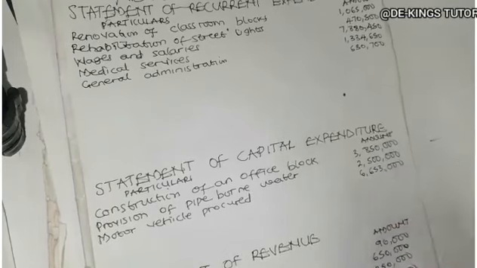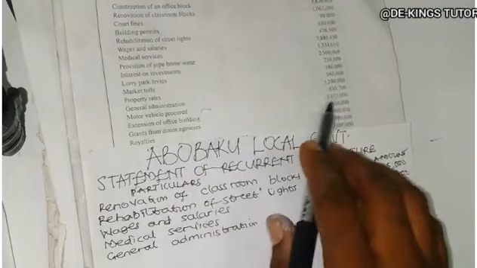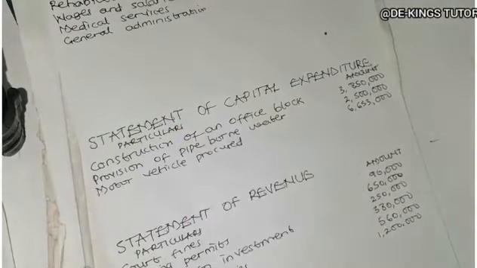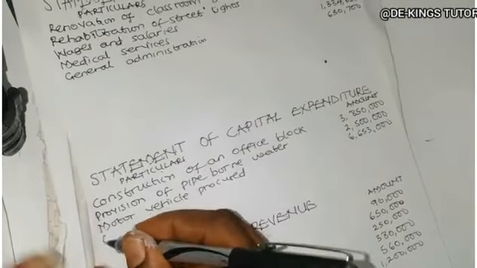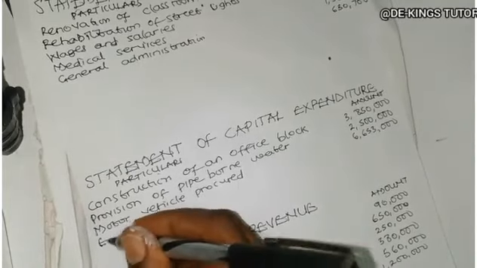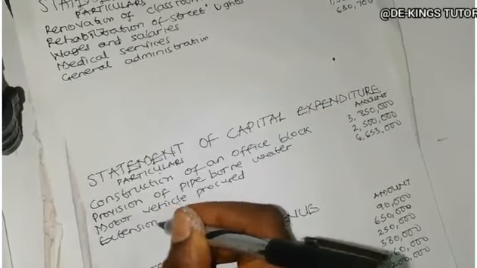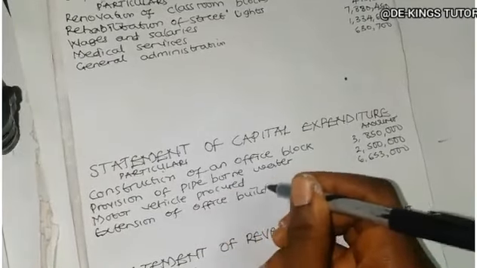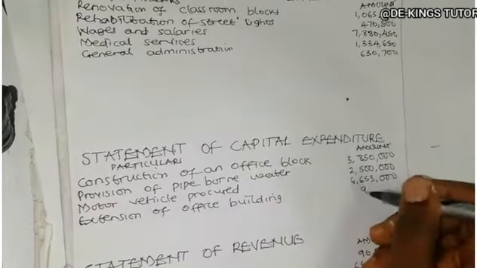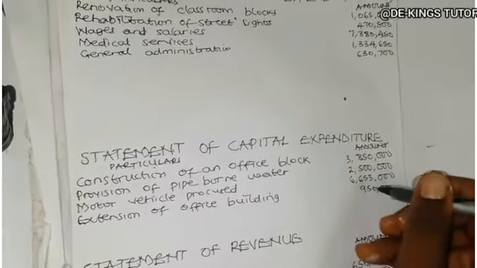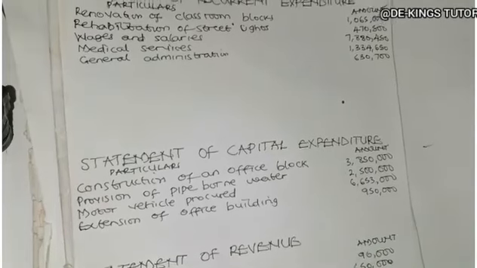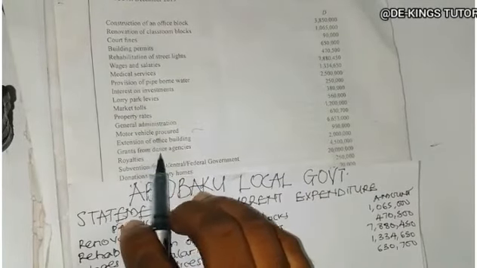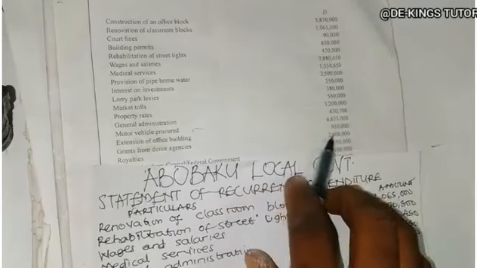Motor vehicle procured is 6,653,000. The next one, extension of office building, 950,000. Extension of office building is also done once in a while. The next one is grants from donor agencies, which is 2 million.